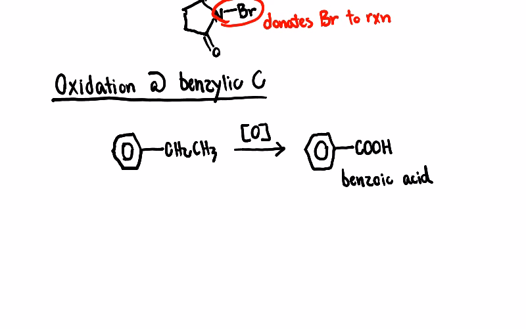So benzoic acid is what the product would be here, and the oxidation process corresponds to oxidation at the benzylic position. So the benzylic position gets oxidized to COOH. So we're converting basically an alkane carbon here, we could think of it as, to a carboxylic acid.